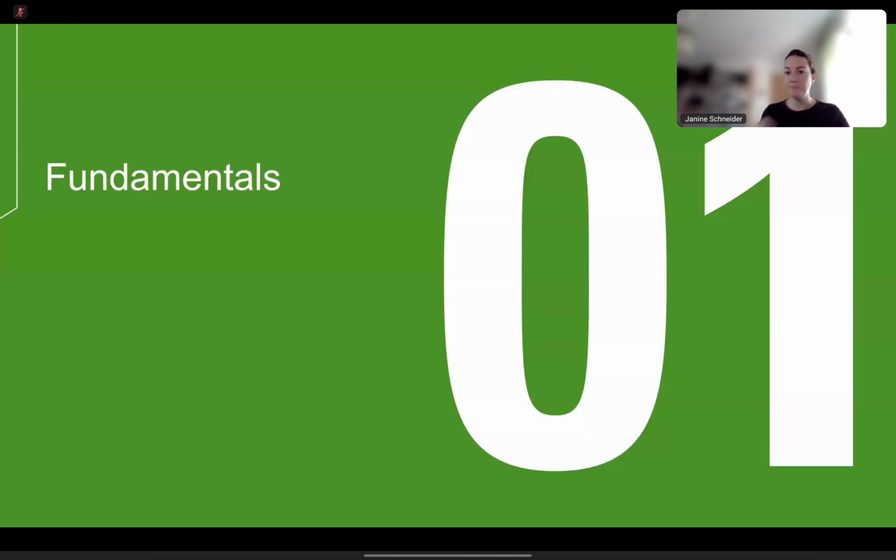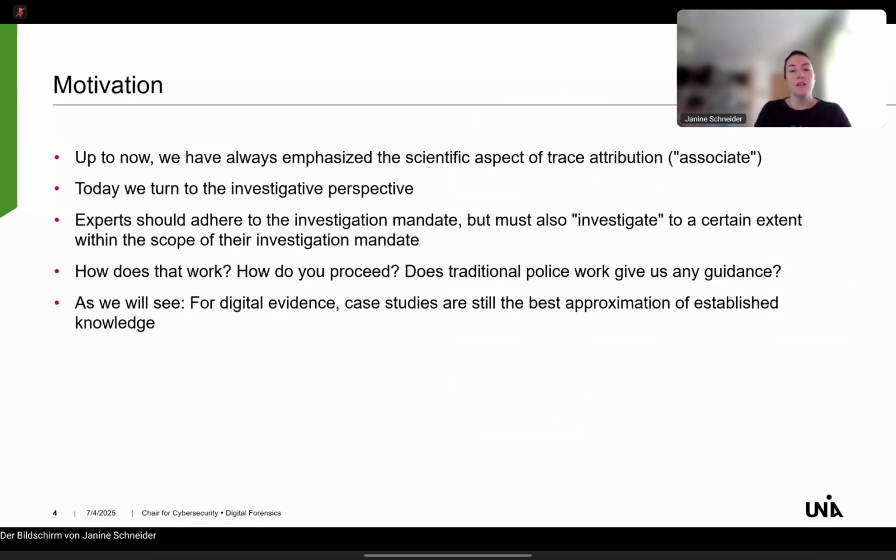Okay, that being said, let's start with some fundamentals on digital investigations. So up till now, we discussed technical things. In the beginning of the summer semester, we discussed what science actually is and what forensic sciences are.